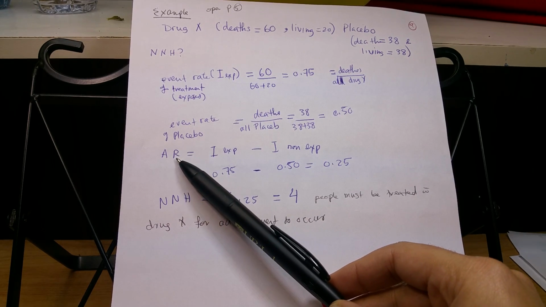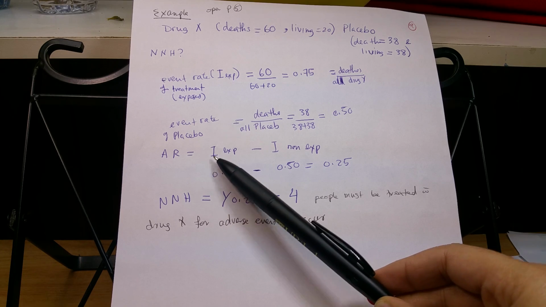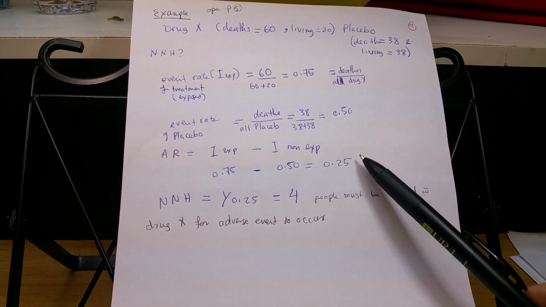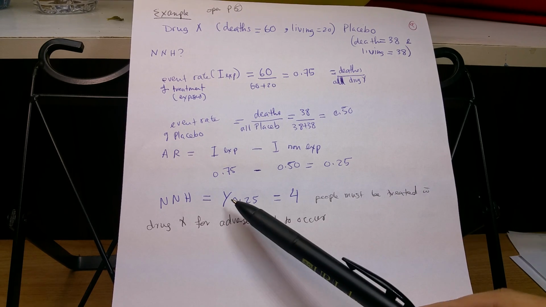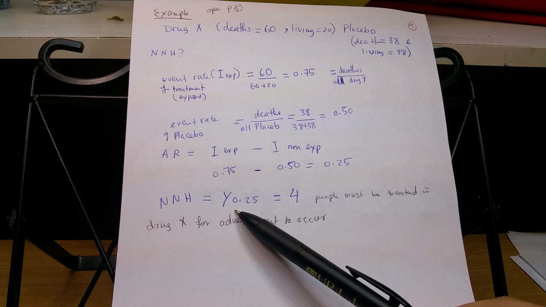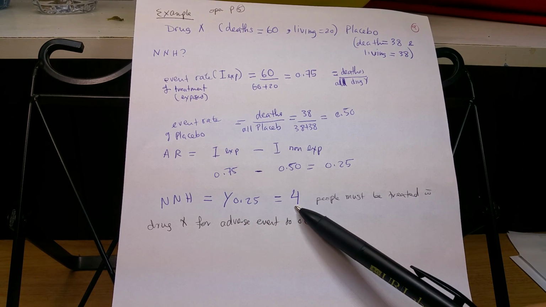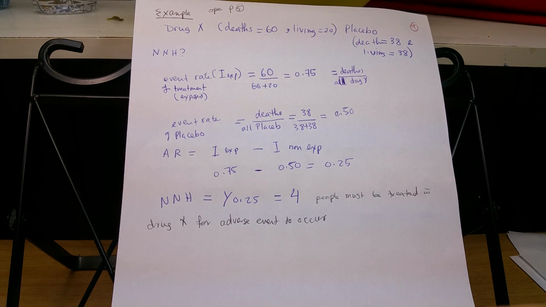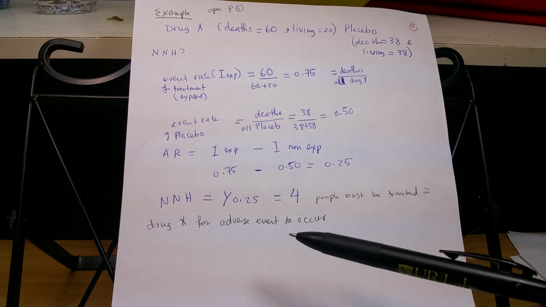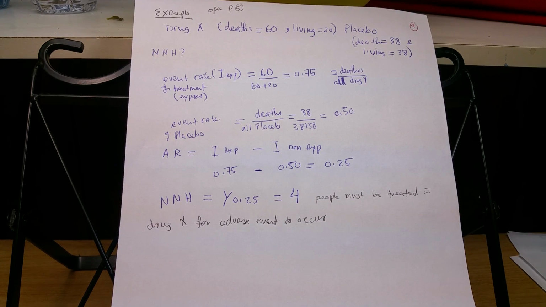So the attributable risk is the incidence in exposed minus the incidence in non-exposed, which is 0.25. The number needed to harm is the reverse, 1 over 0.25, which is 4. So 4 people must be treated with drug X for the event, which is death, to occur in this example.